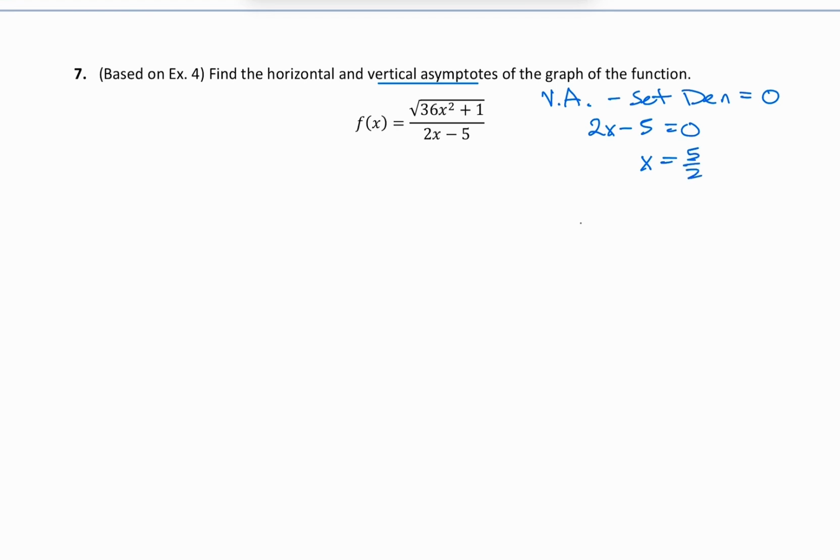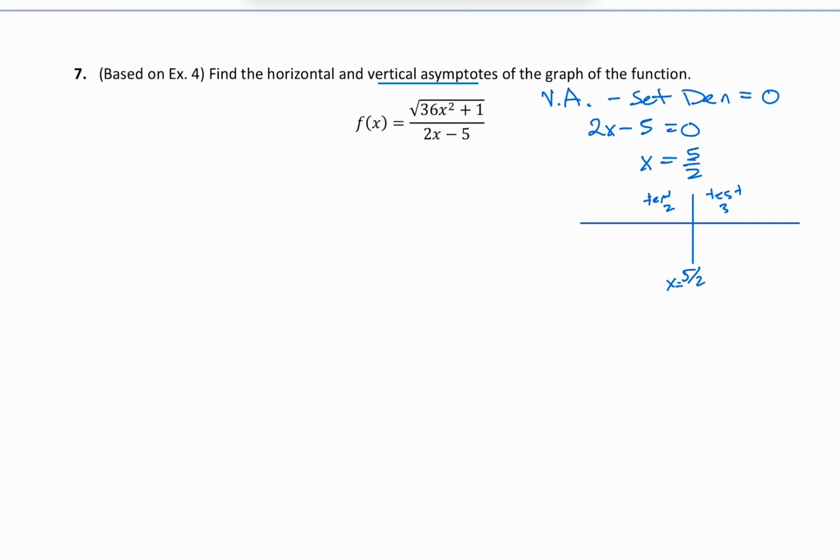We could look at its behavior by doing a sign test on both sides of the asymptote x equals 5/2. On the left-hand side, this is 2.5, so I'm going to do a test point of 2 here and a test point of 3 here.